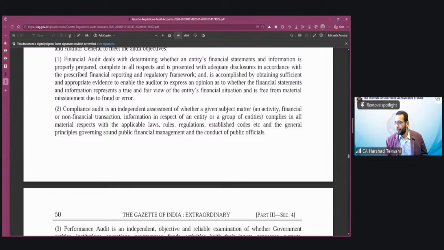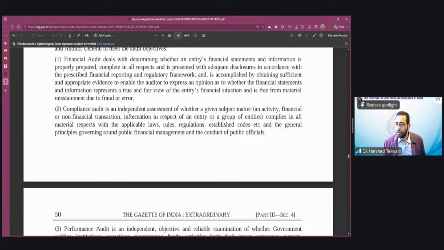That means compliance audit is an audit where there's an independent assessment in which we see whether the given subject matter complies with the given set of laws, regulations, rules, and everything.